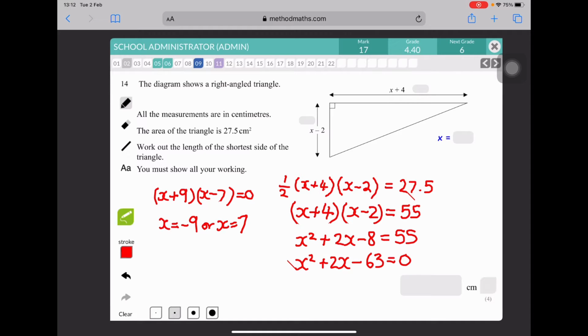But of course, since x is a length of a triangle, it cannot be negative. So I'll cross this out. X equals 7. And so 7 take away 2 is 5. 7 plus 4 is 11. Work out the length of the shortest side of a triangle. Let's try 5.